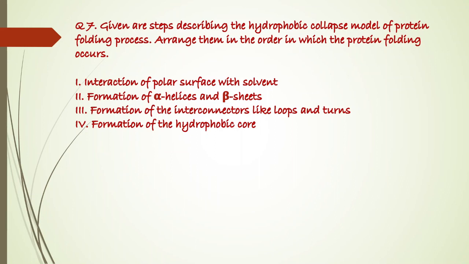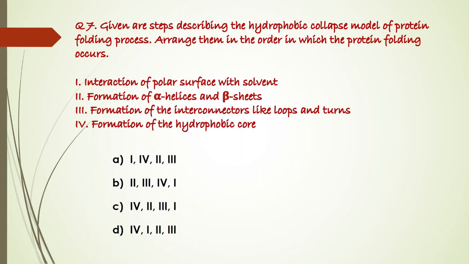One of them is the hydrophobic collapse model. This question states these are the four things that happen in hydrophobic collapse. What is the order of happening? Which step will occur first? Which one will happen at the last? Okay, I already have one answer. Thank you for answering that. Yes, the correct answer is option C.